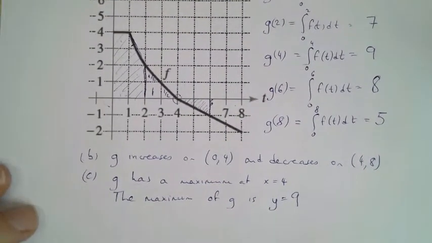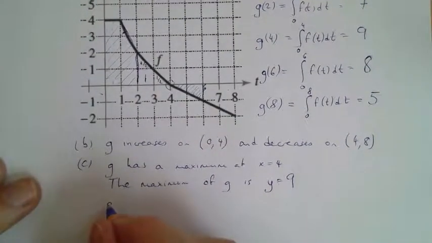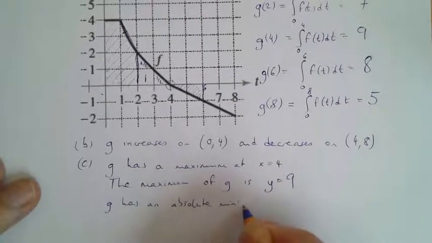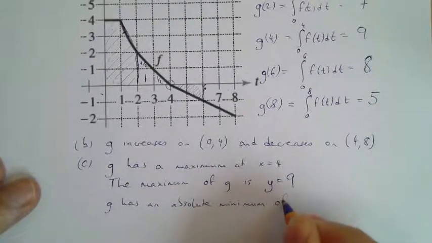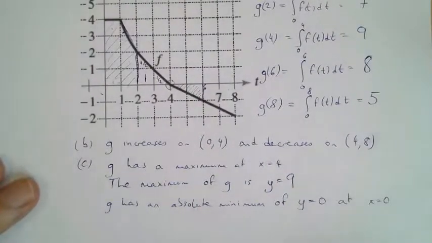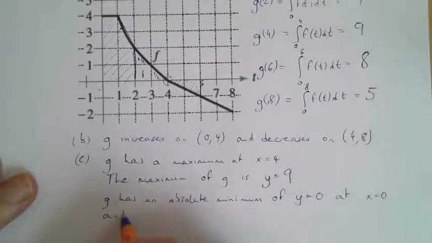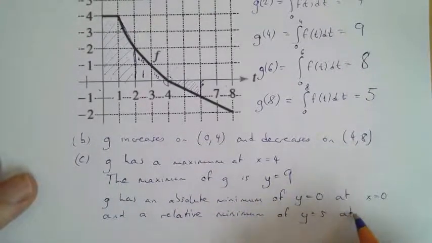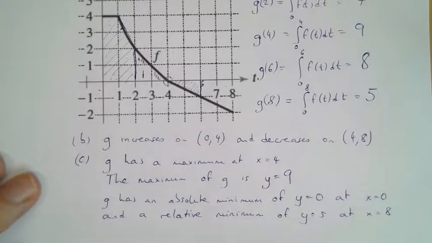So I'll just write that g has an absolute minimum of y equals 0 at x equals 0, it's the endpoint, and a relative minimum of y equals 5 at x equals 8.